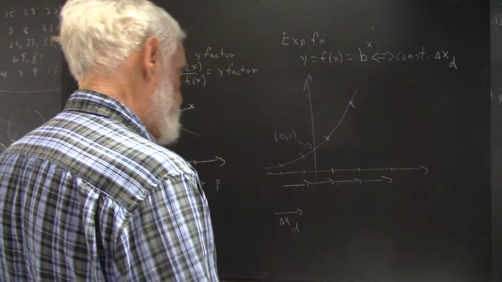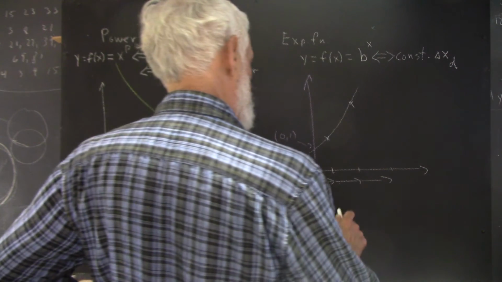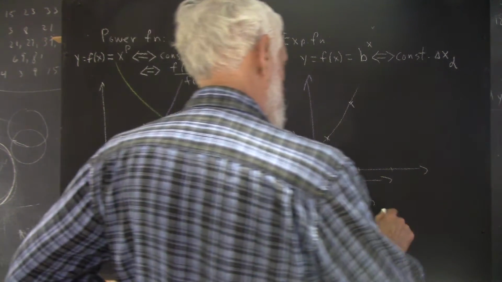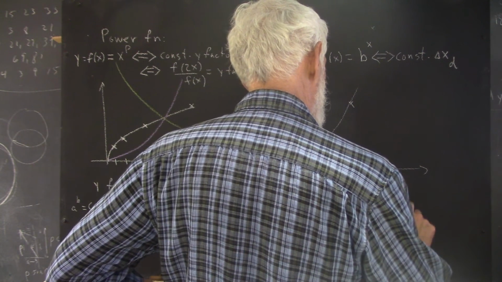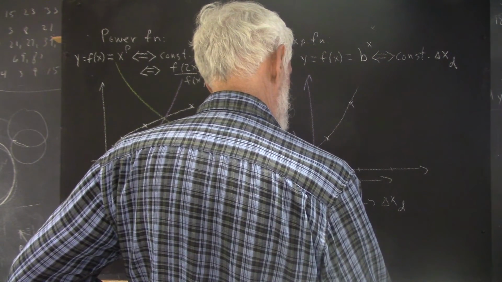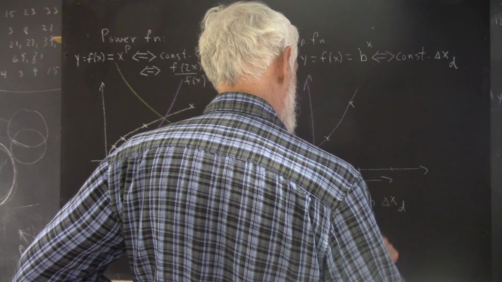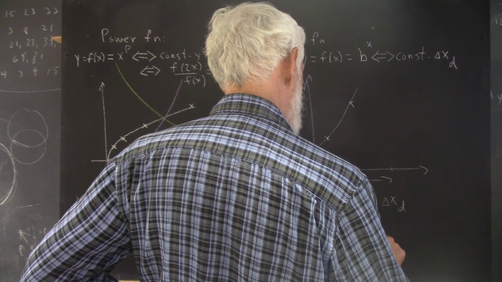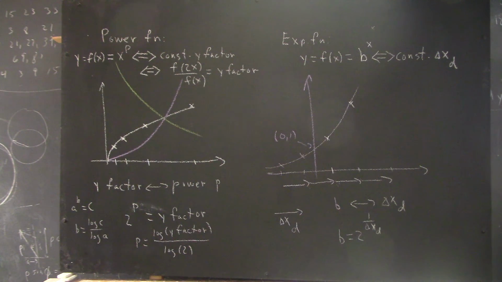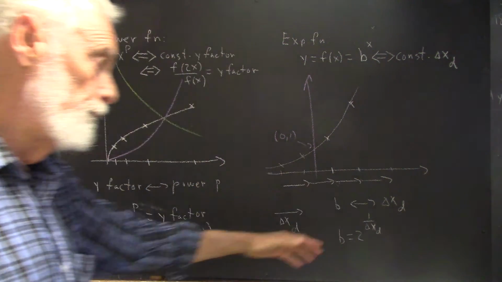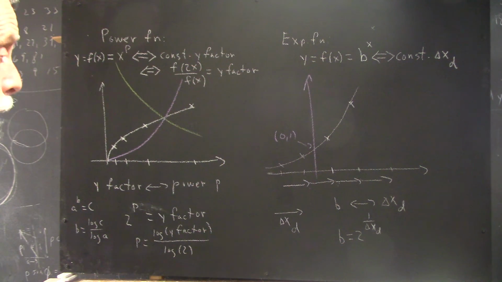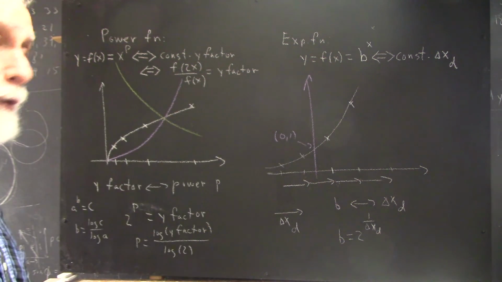Now, base b is related to the doubling displacement delta x sub d in that b equals 2 to the 1 over delta x sub d. We developed this relationship and we understand hopefully where it came from. So right there is a synopsis of the most basic things that we know about these two functions.